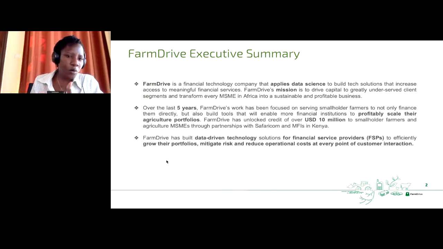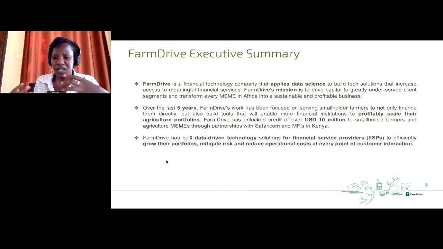The core of how our work is structured is that we build data-driven technology solutions, and then we present this as back-end infrastructure to the lenders. Some of the lenders that we have in Kenya range from the big formal banks, to microfinance institutions, to NGOs that operate in the sector, to digital financial service providers, and some of them work in collaboration with telecommunication companies.